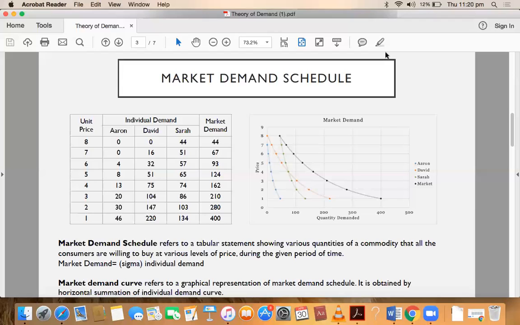Now, students, we have to plot this market demand schedule on the graph to make a market demand curve. In the graph, you can again see that on x-axis, quantity demanded is plotted. On y-axis, price of the commodity is plotted. Quantity demanded is 100, 200, 300, 400, and 500.